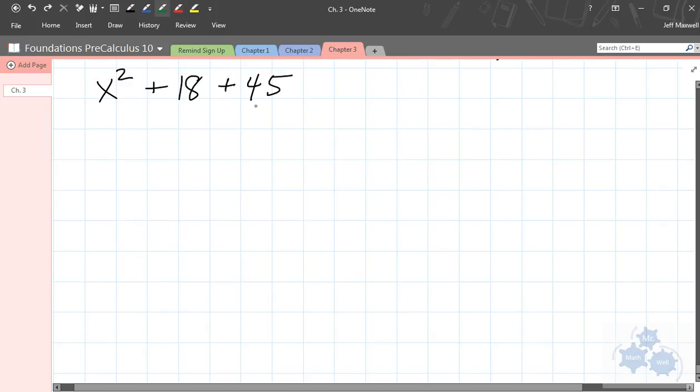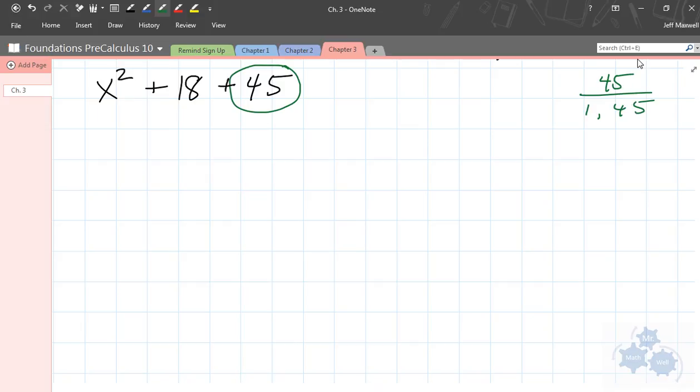So another example from scratch here. You look at this trinomial. This is 1 right here. That's good. Now all we have to do is look at this term. It's positive 45. And this is what I like to do over here. Put the 45, write some factors out. The factors here would be 1 and 45.